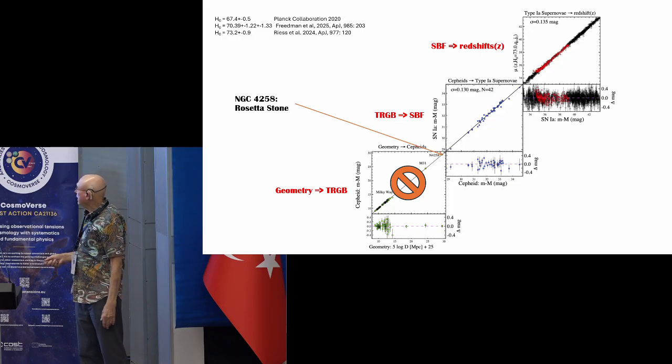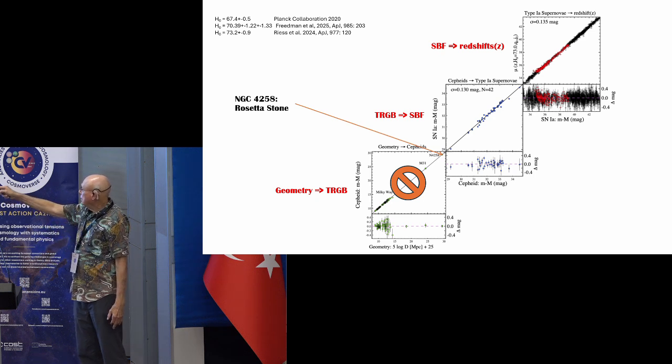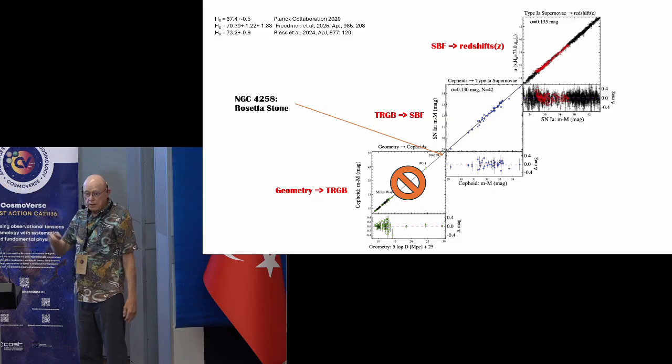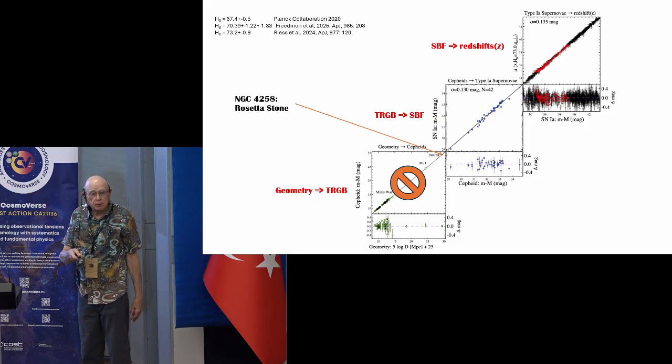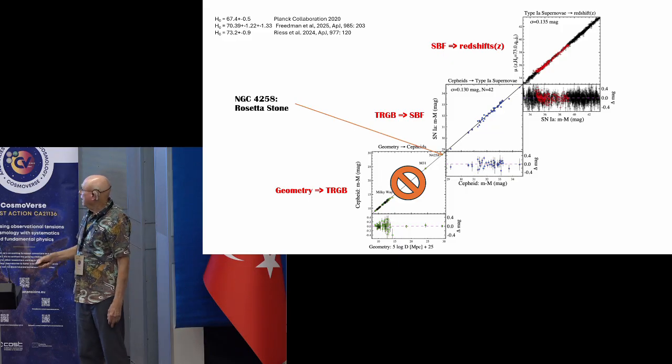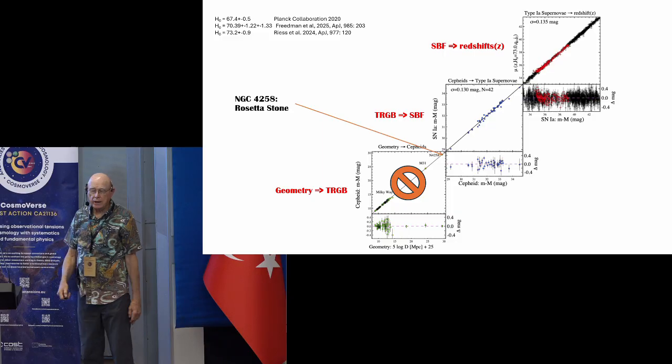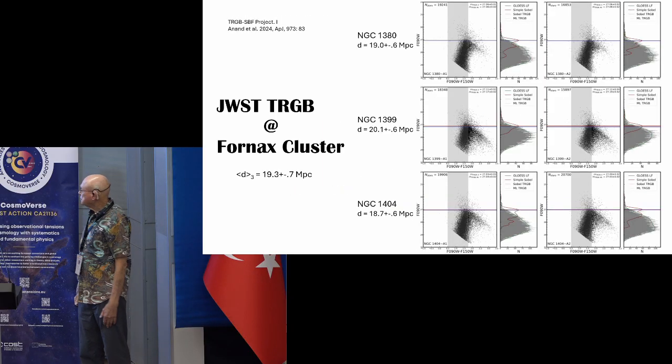And so we'll be going on from that. And that will allow us to transfer the tip of the red giant branch measurements for that galaxy over to surface brightness fluctuations in a way that I'll now show.